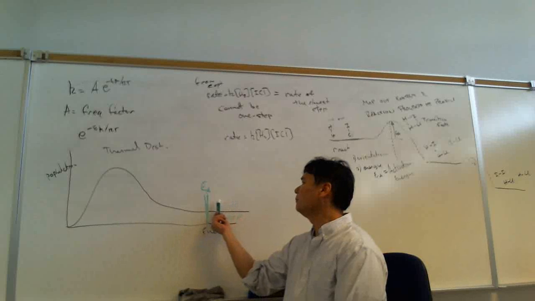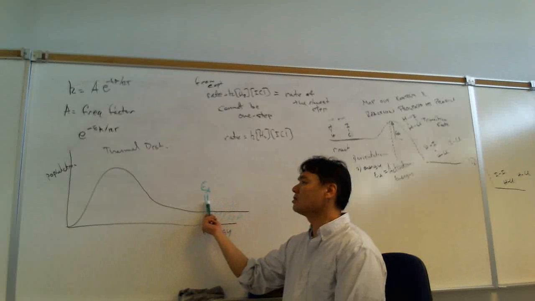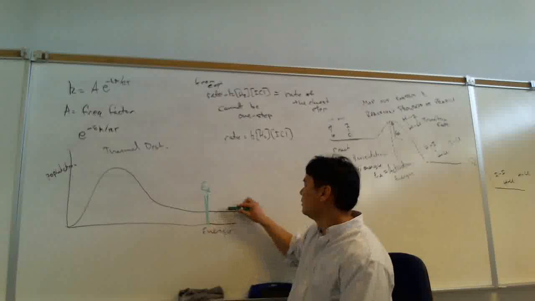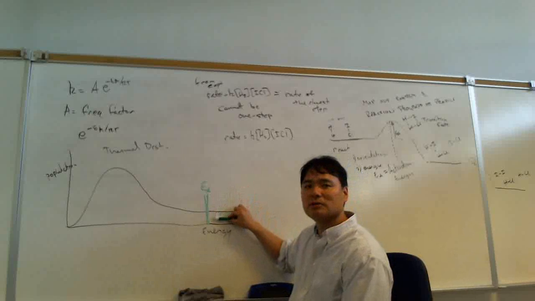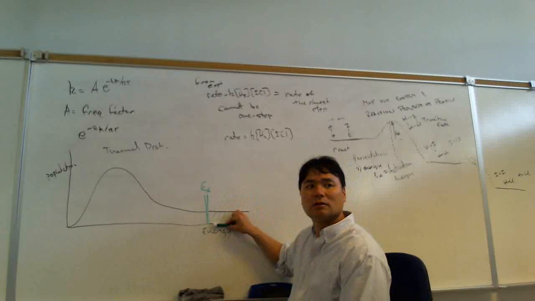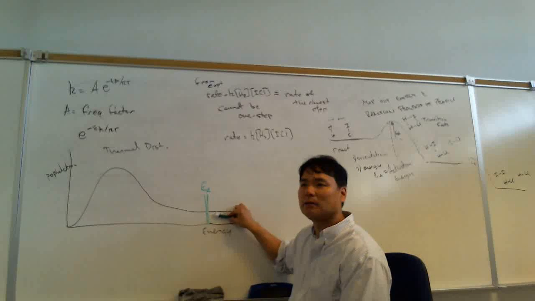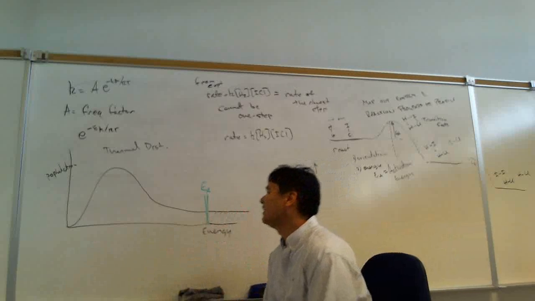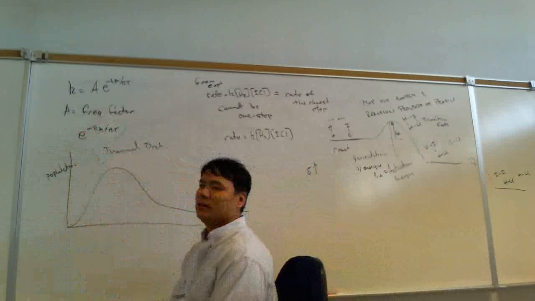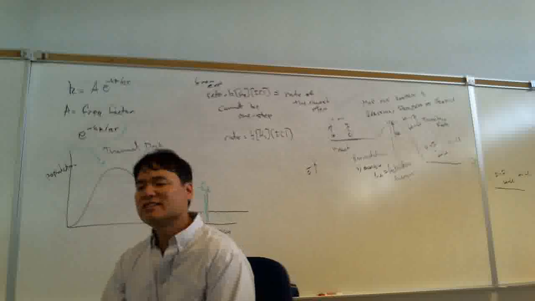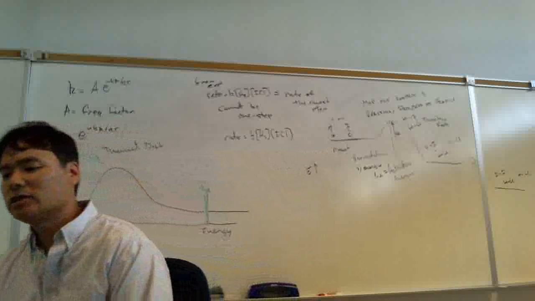And then temperature: the larger the temperature, the higher the population. The smaller the temperature, the lower the population. Mathematically, this is given by this right here. It's just an exponential function.